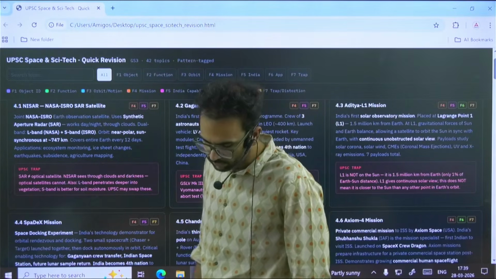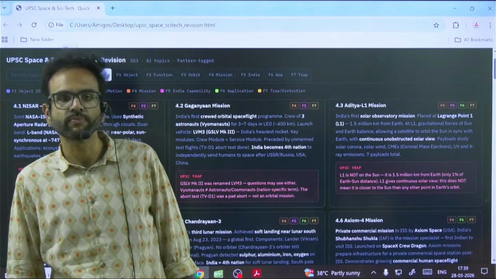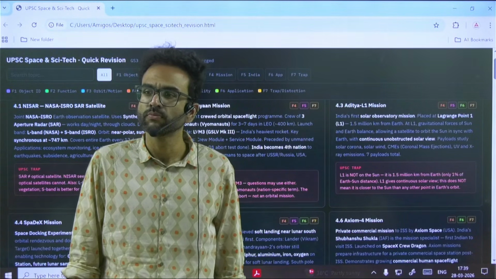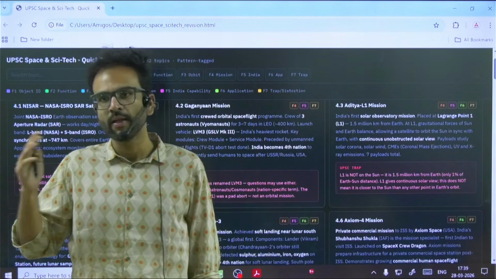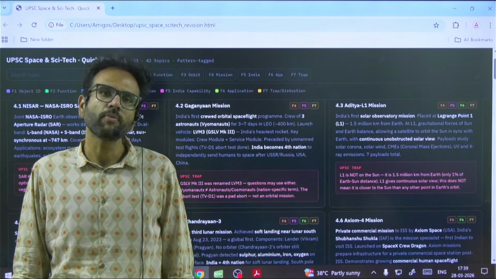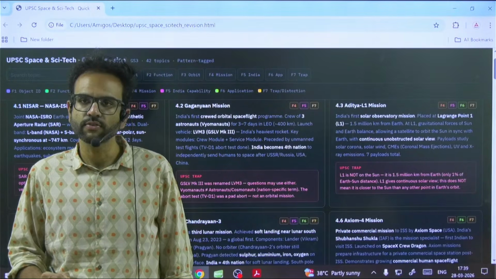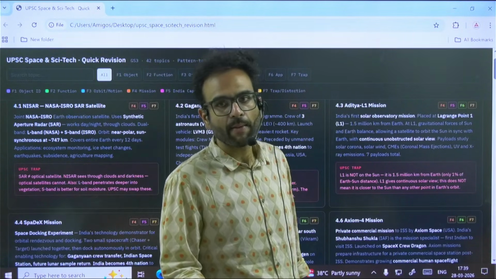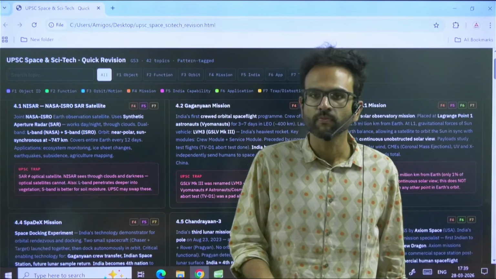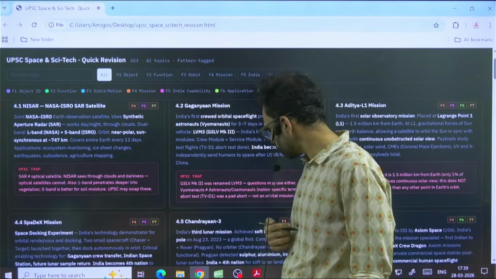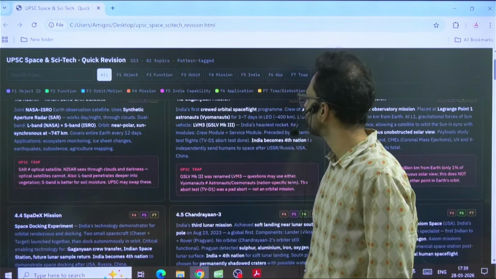Why do you want to go into space? More than anything, the long-term objective of this is to explore the possibility of making outer space habitable for humans. And the first step in that direction is Gaganyaan.